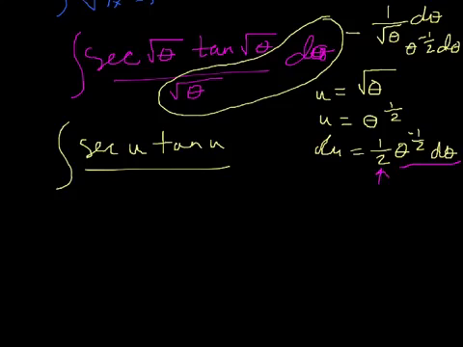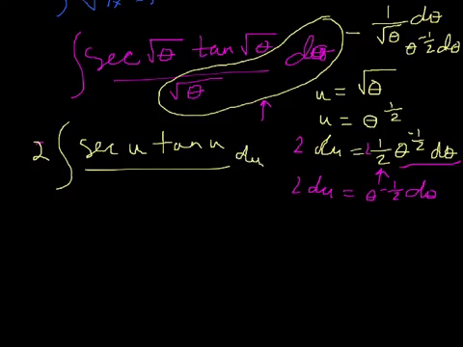I'm going to multiply both sides by 2, and I get 2 du. That's what's equal to theta to the negative 1/2 d theta, which is 1 over the square root of theta. So in my substitution, instead of d theta over the square root of theta, I'm going to put 2 du. I can put the 2 out front, and then du.